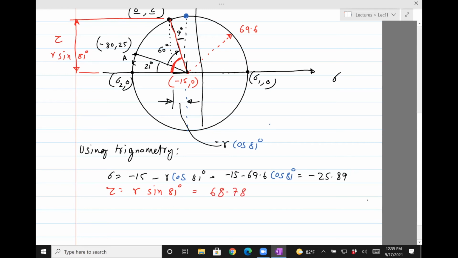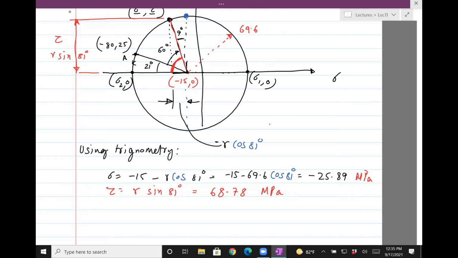This is not degrees, it's MPa. So that completes part one. The answers are these.